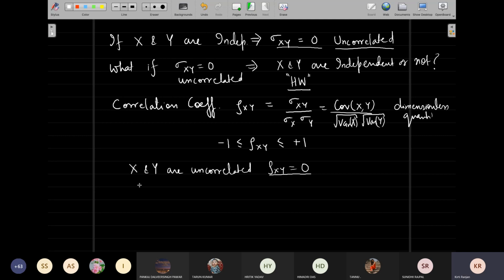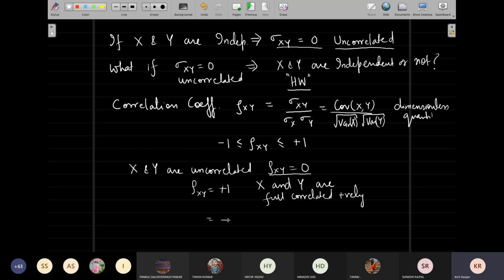On the other hand, if this rho xy is +1, then we say that the two random variables are completely positively correlated. So x and y are fully correlated positively.